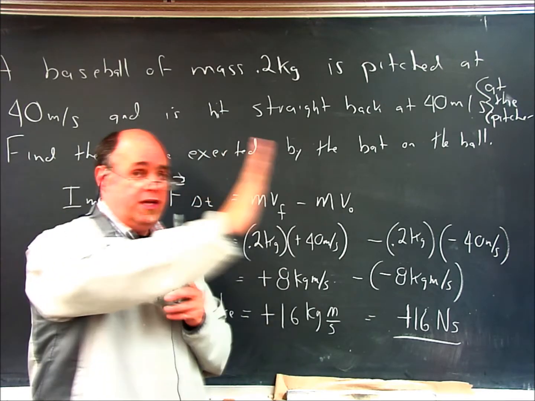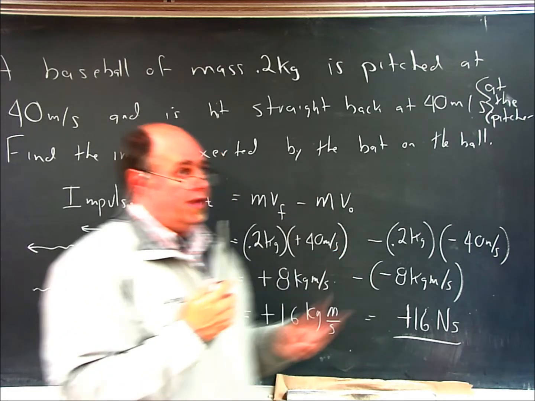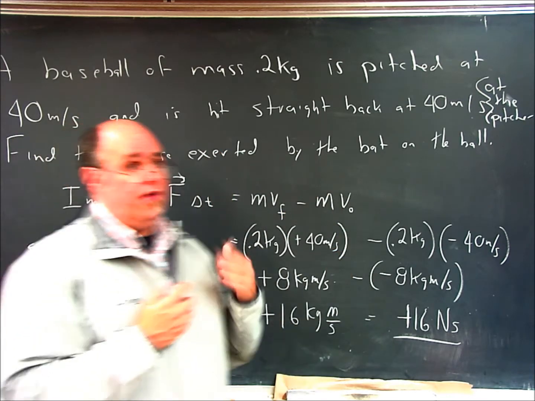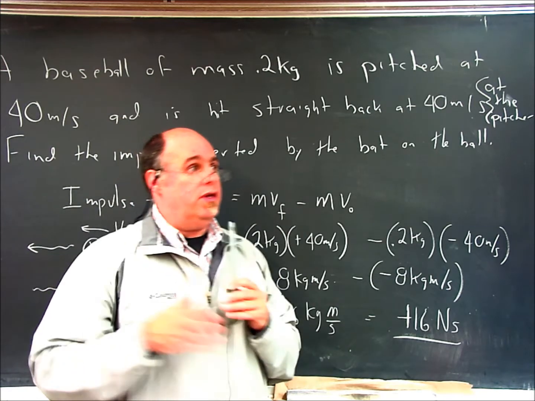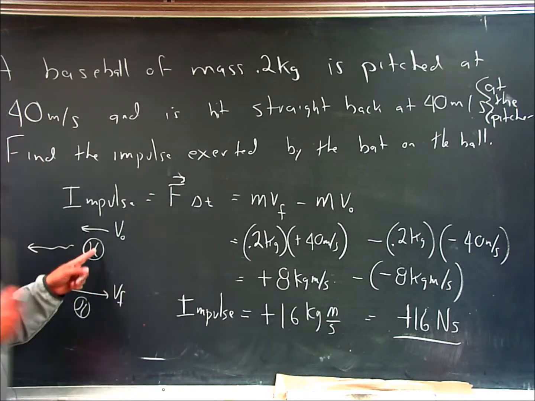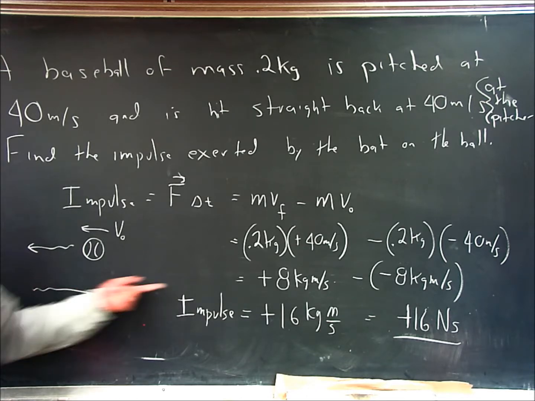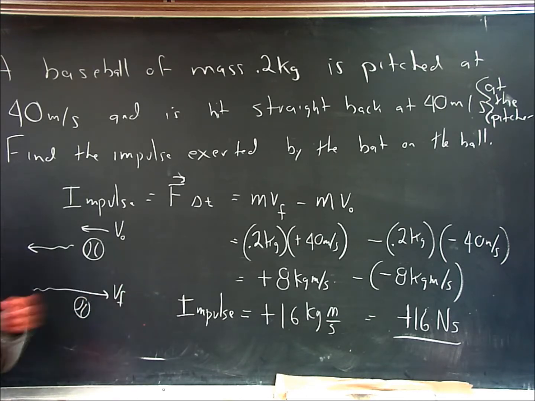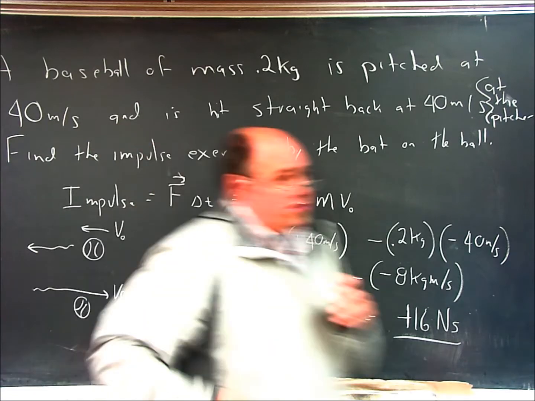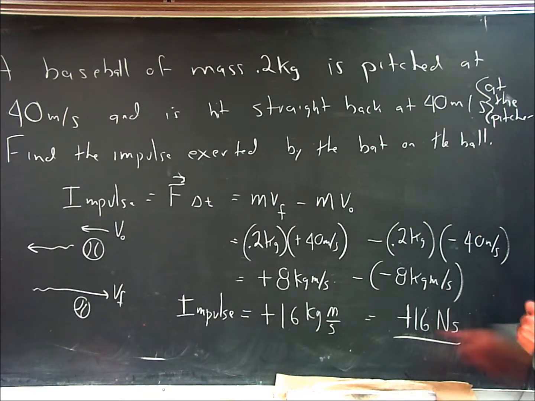My hand is moving towards the right, so I'm trying to push the ball to the right, and the ball will have an acceleration to the right. If the ball is initially going to the left, it's going to slow down very quickly, become zero very quickly, and then start to accelerate towards the right and pick up speed. So that's how to do this particular problem. The impulse is right here for this one.